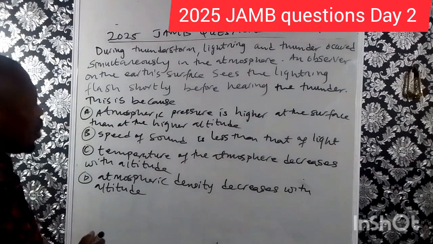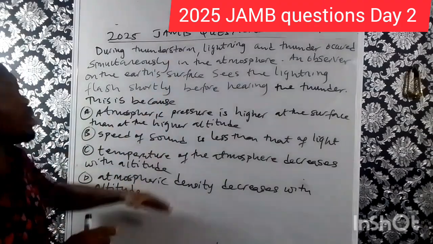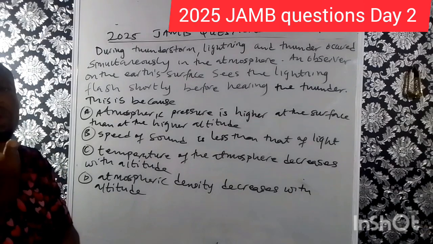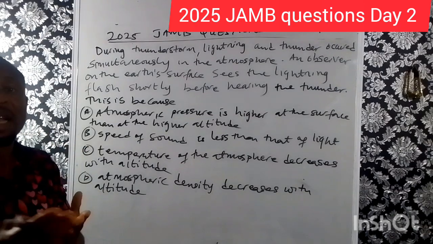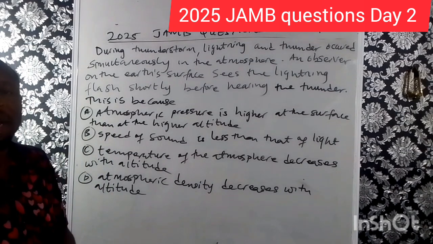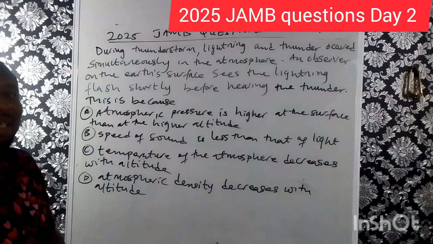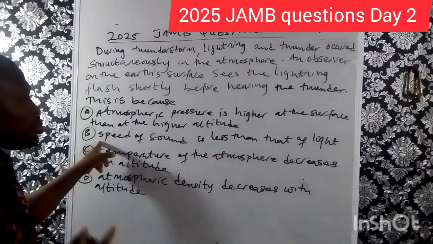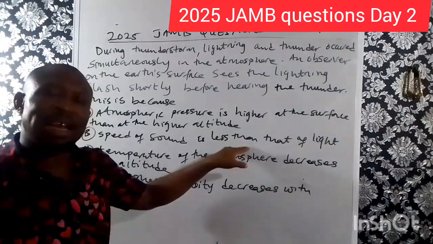Now, if you look at this question, most times they might twist the grammar just to confuse you. Of course, we know that yes, light travels faster than sound. That is why we see light first before hearing sound. Now, in this case, B says the speed of sound is less than that of light.